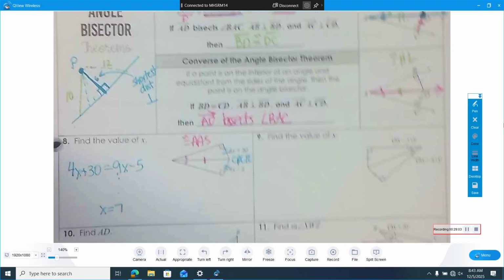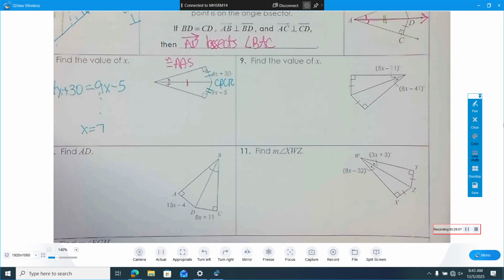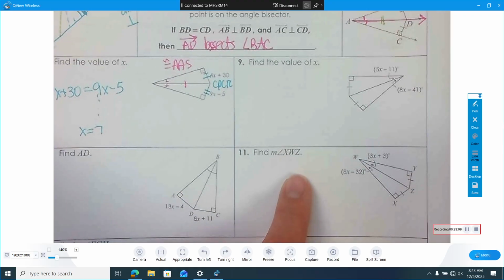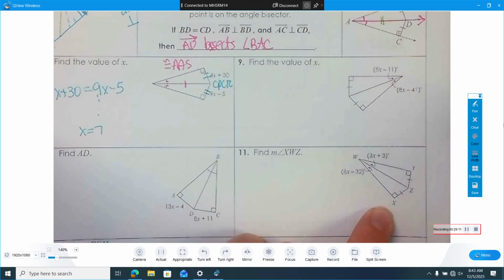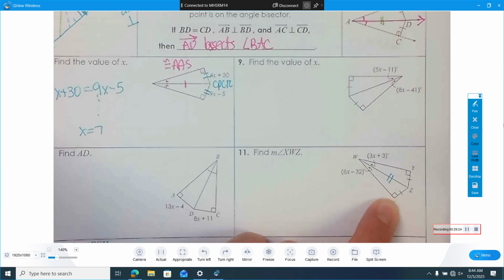Look at number 11. Look at our triangles. We've got a pair of angles that are right angles. We got a pair of legs congruent. What else do we know? Reflexive side. Are the triangles congruent?